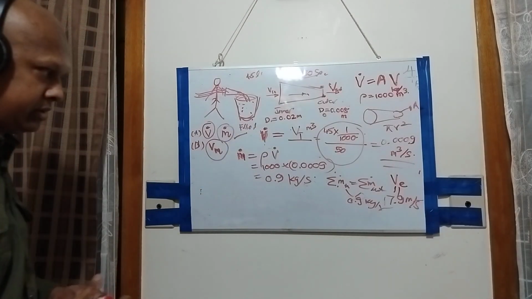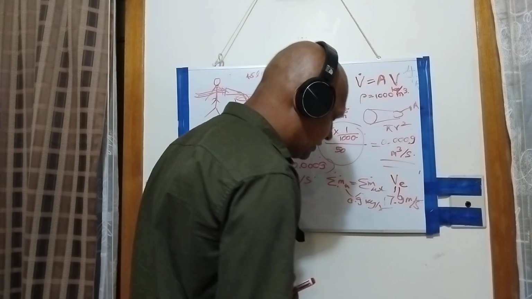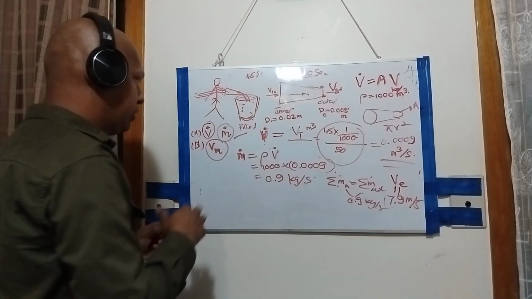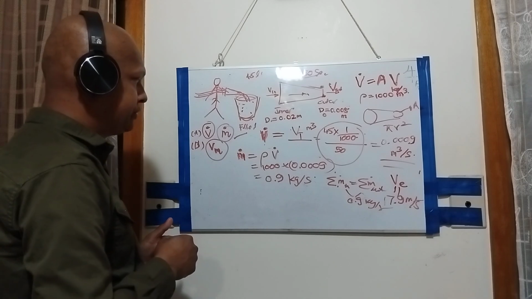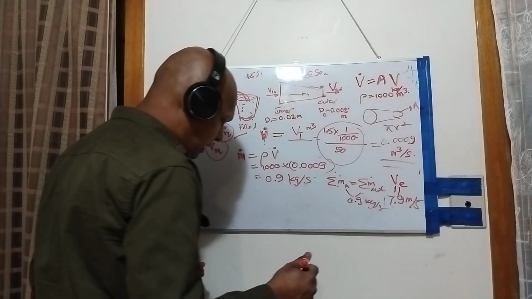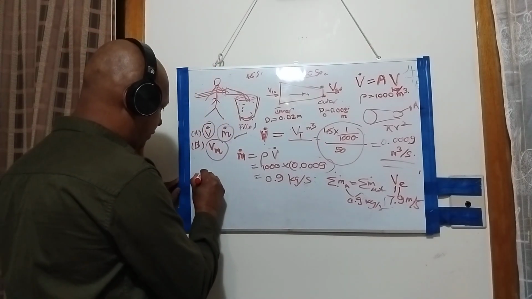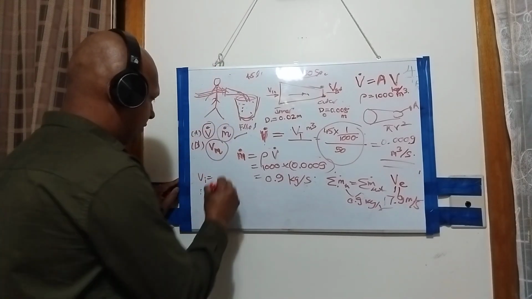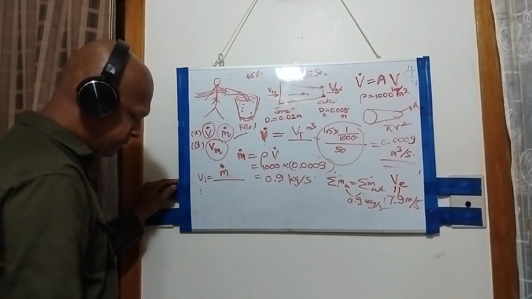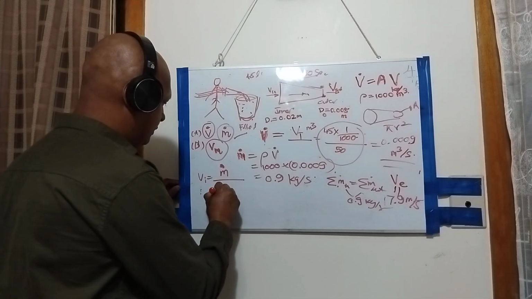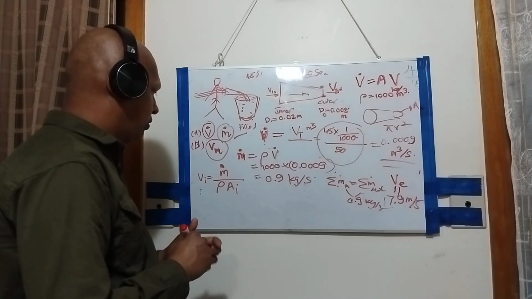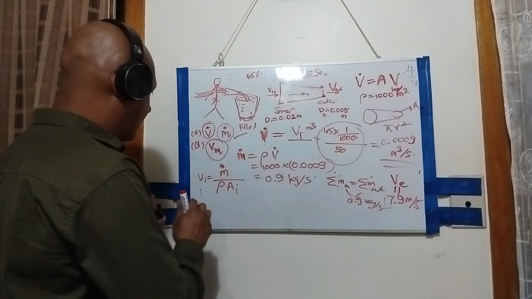Now, the third point is that we need to find the inlet velocity. Now, in order to find the inlet velocity, inlet velocity equals the mass flow rate divided by rho AI. So mass flow rate divided by rho AI.